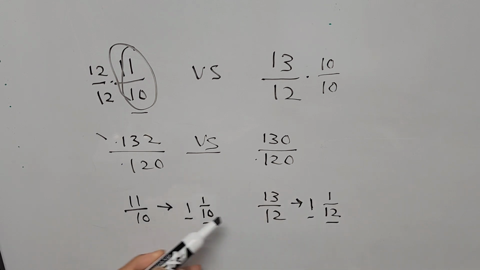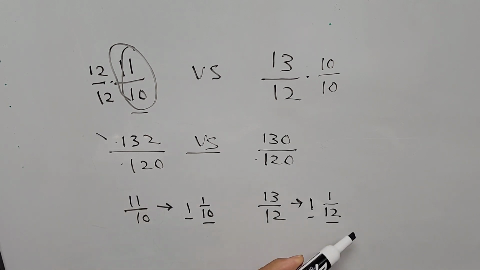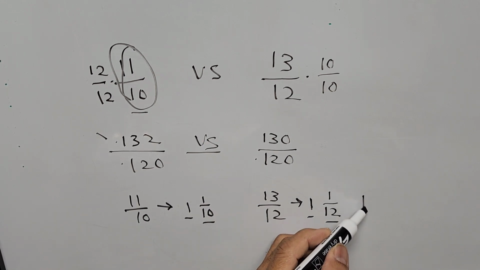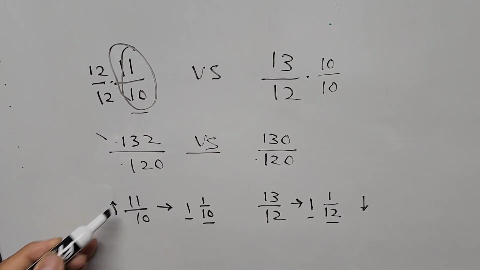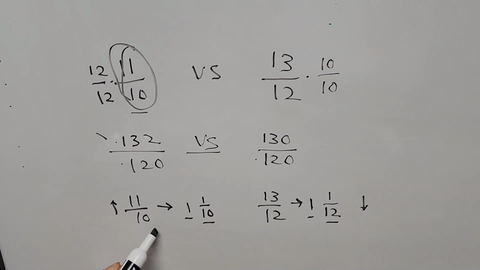We can tell that the lesser the value of the denominator, the bigger the number. Since the denominator here is larger than the denominator of 11 over 10, 13 over 12 is lower and 11 over 10 is larger. So 11 over 10 is larger than 13 over 12.